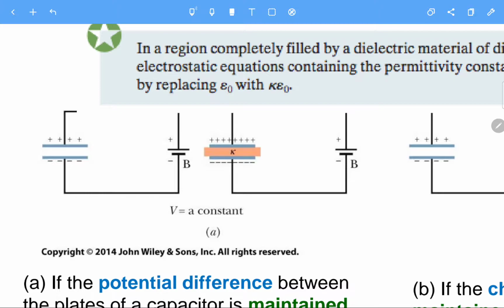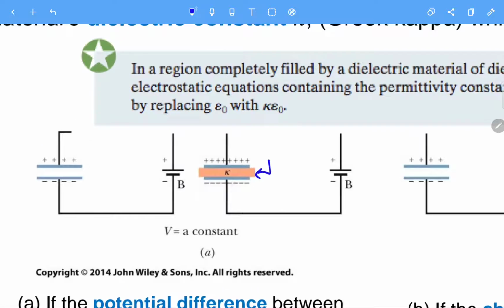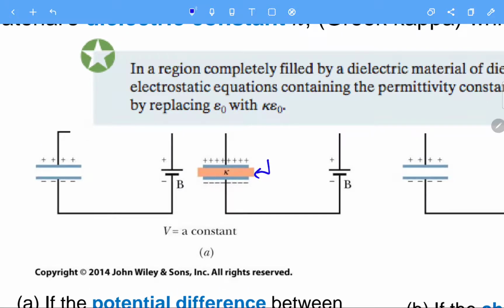Now we place something called a dielectric in between the plates. So now suppose the V is constant after inserting the dielectric in the capacitor.